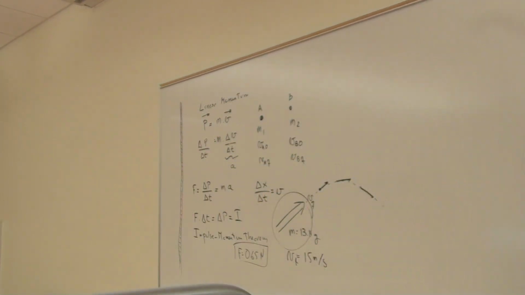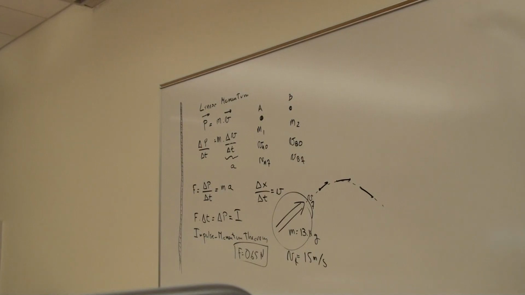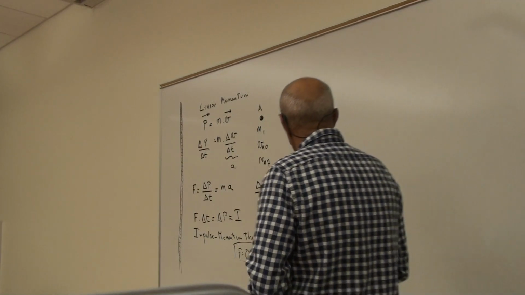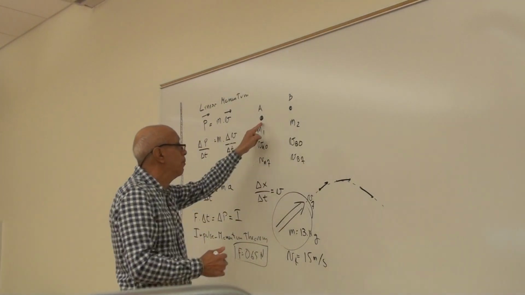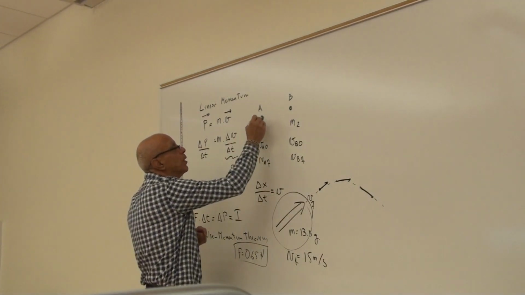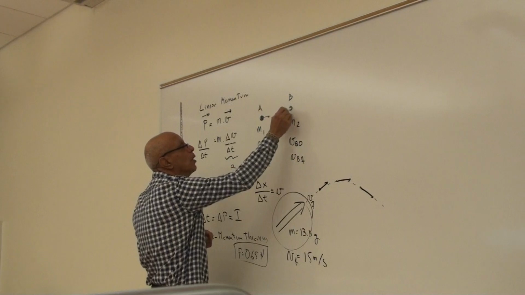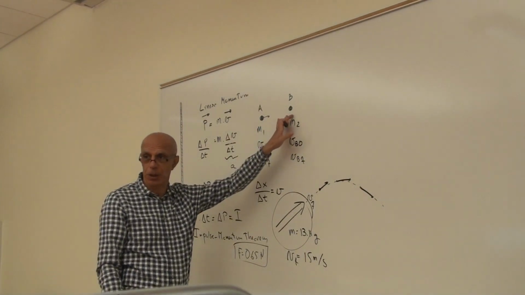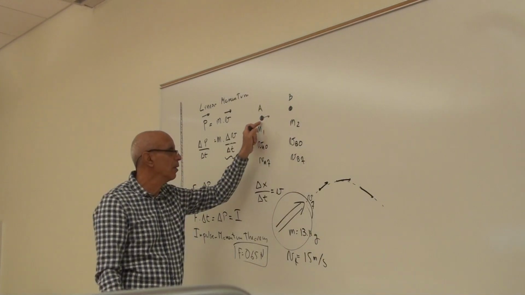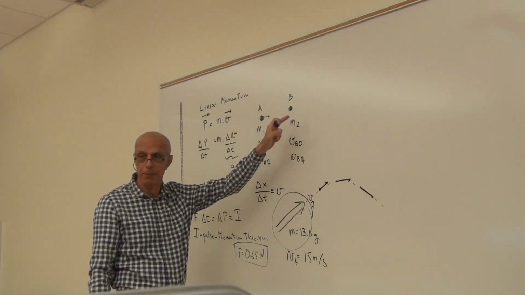So now, let's talk about Newton's third law, right? The ball, this object A, is going to hit object B. Let's say object B is here, not moving, and then A is going to hit that, right?